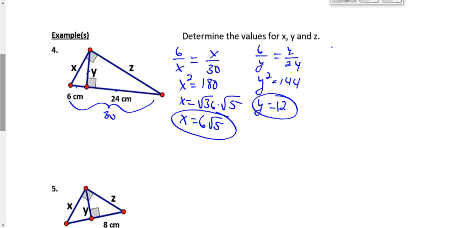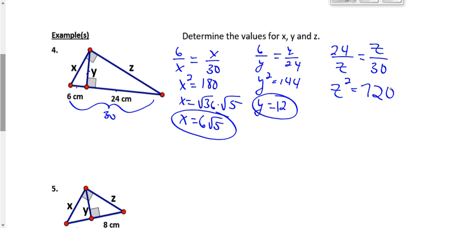So that would be 24, the segment closest to it, over z equals z over 30, right? So we get z squared equals 720. Maybe I've got to get my calculator out, but wait, 720, maybe we can think of it as 72 times 10. What's the biggest perfect square factor of 72? Well, actually, there is a bigger one, 36. But maybe 72 is not the right way, because there's a bigger perfect square factor of 720.